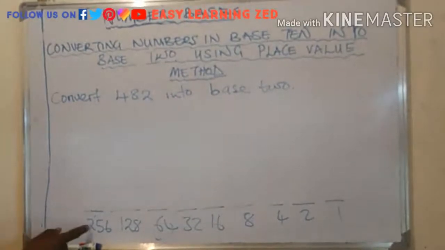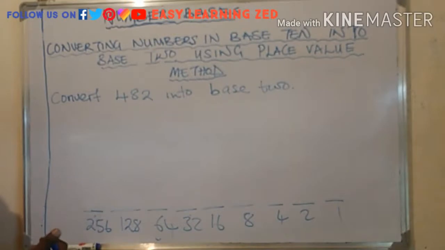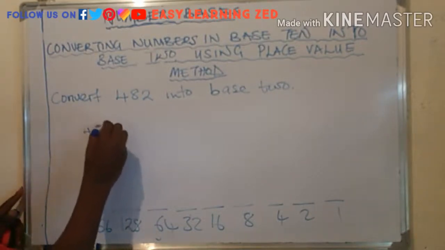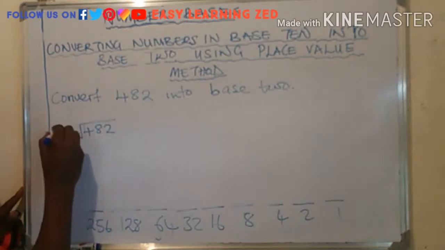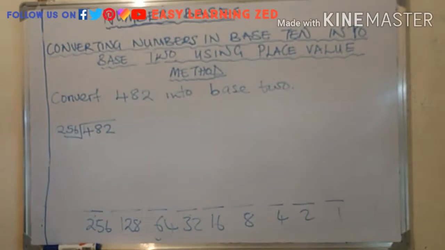When dividing this number, we're going to start with the biggest place value among the place values given. So we're going to say 482 divided by 256.